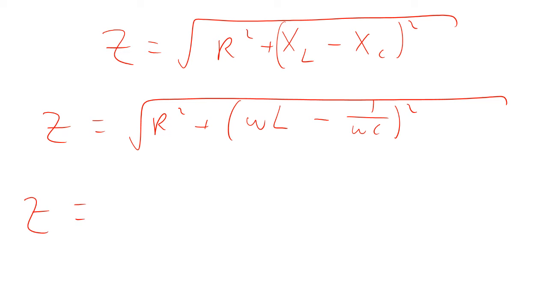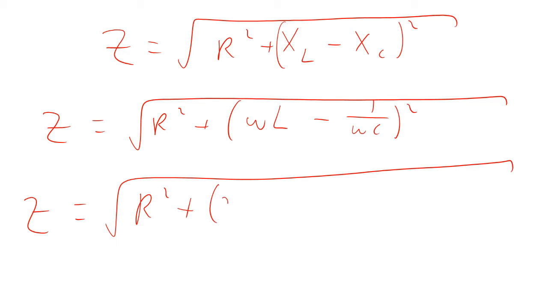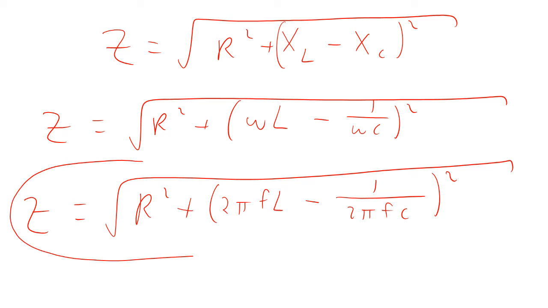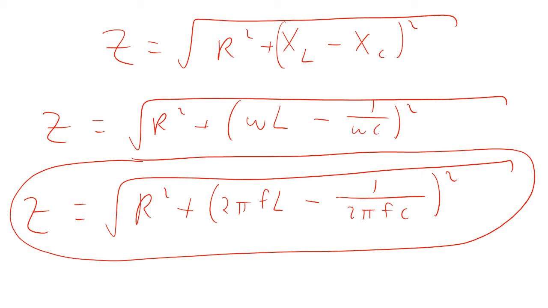Or we can go one more step if you'd like, and that is R squared plus 2 pi FL minus 1 over 2 pi FC squared. So that is the impedance of a series RLC circuit.